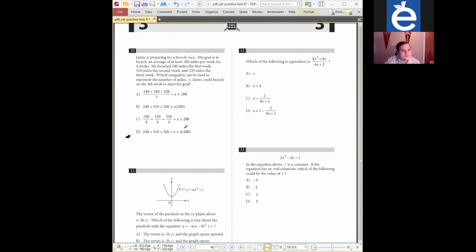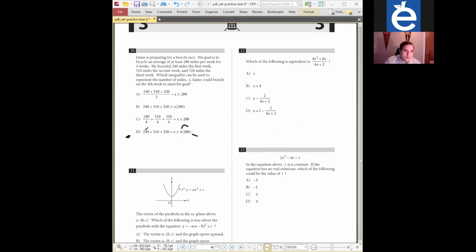So if you take a look here, this is where we convert. That 4 times 280 is us converting our average miles for the 4 weeks into a total amount of miles that we can work with. In order to bike an average of 280 miles a week, we need to bike 4 times 280 miles.